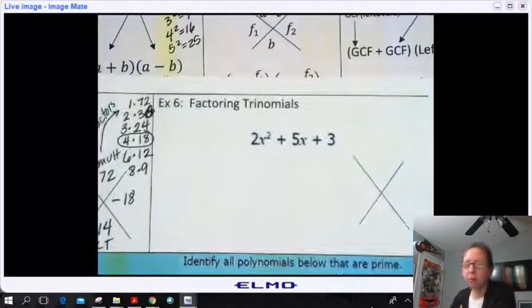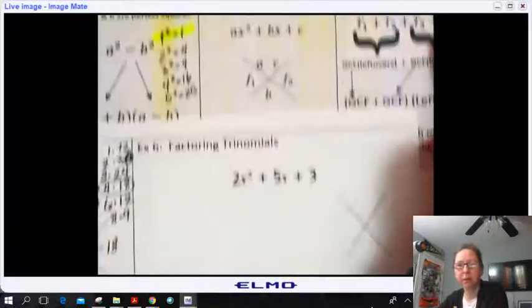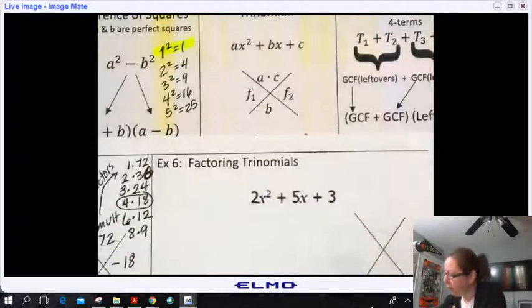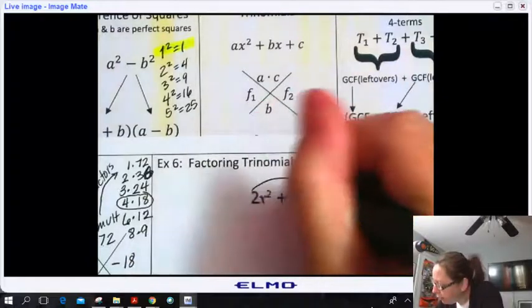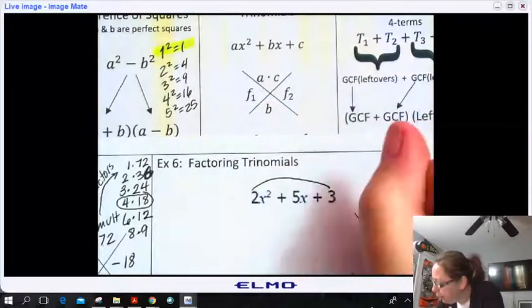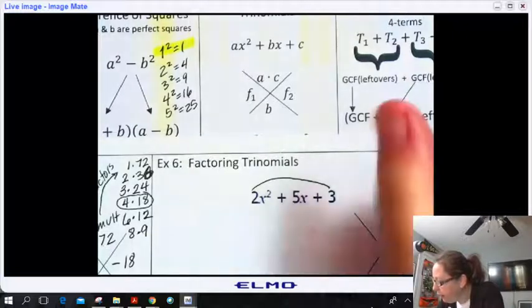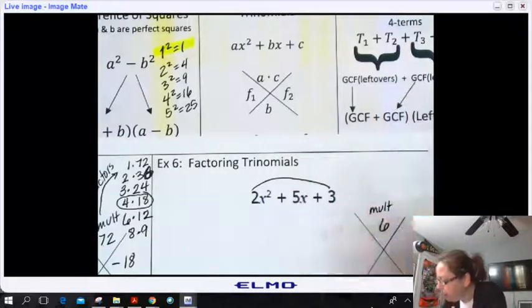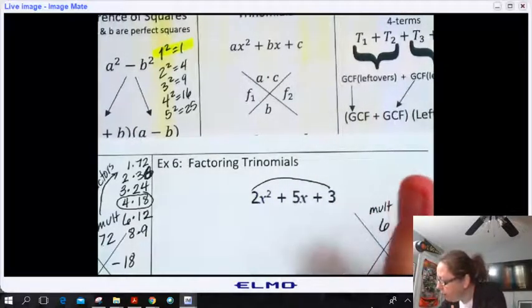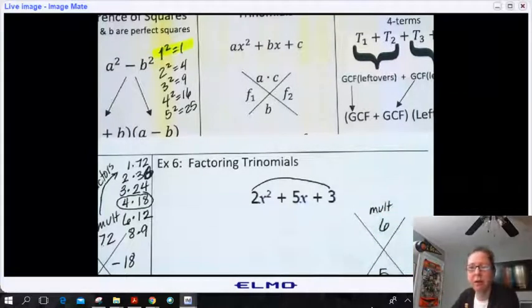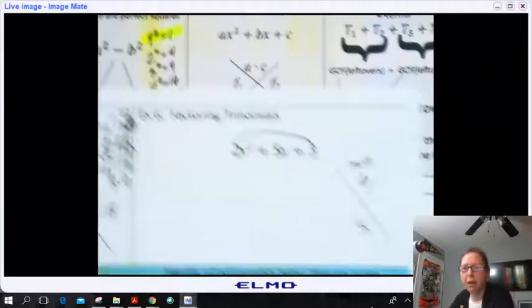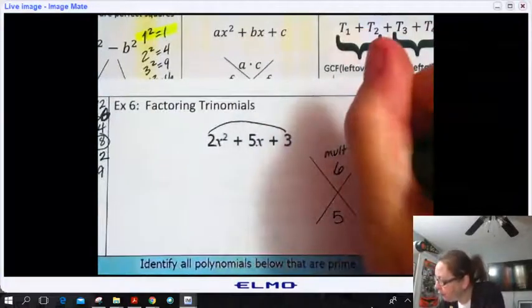Same exact process. So I am going to multiply 2 times 3 and get 6. I need to come up with numbers that multiply to give me 6, but add or subtract to give me a positive 5. And in this case, it's really easy to list your factors.